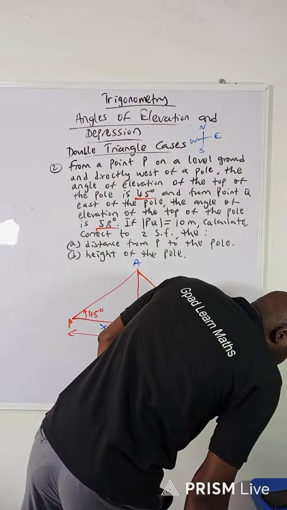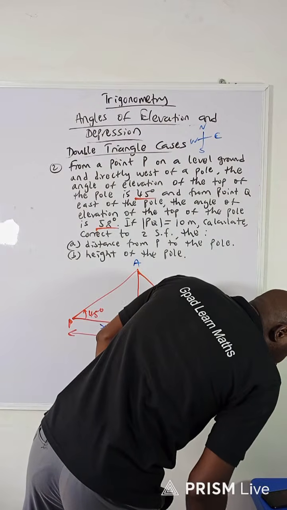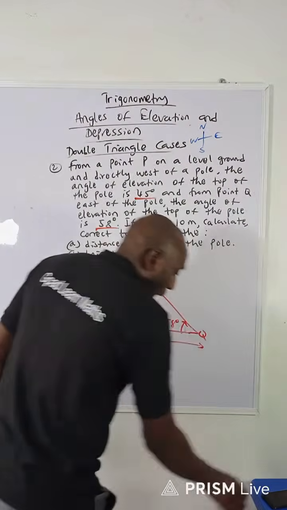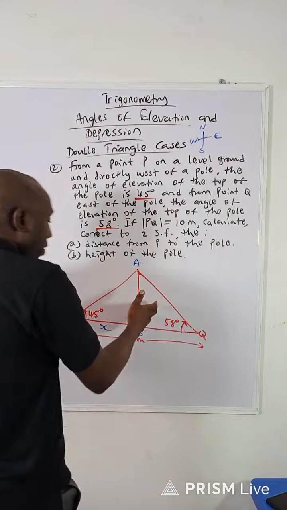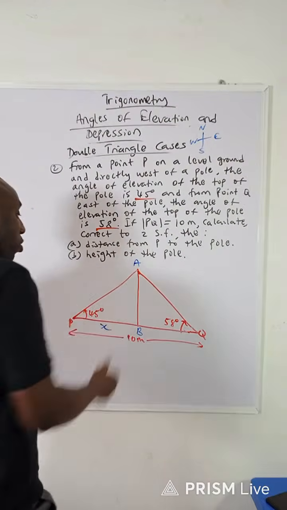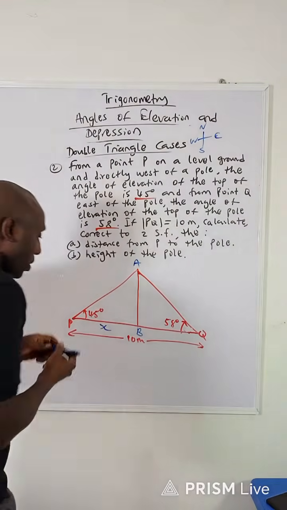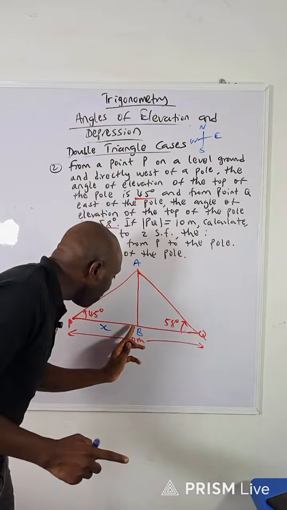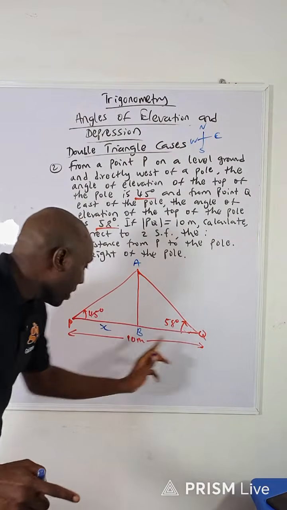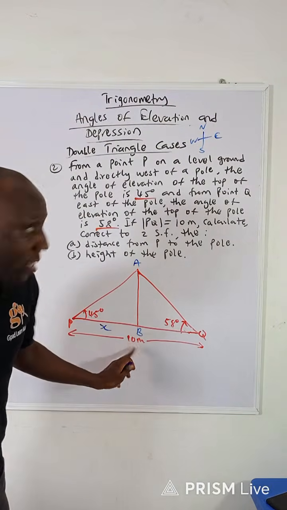The height of the pole and the distance from P are equal, so using both triangles, AB is going to be the same thing. So if from P to B is X, then from B to Q will be 10 minus X.